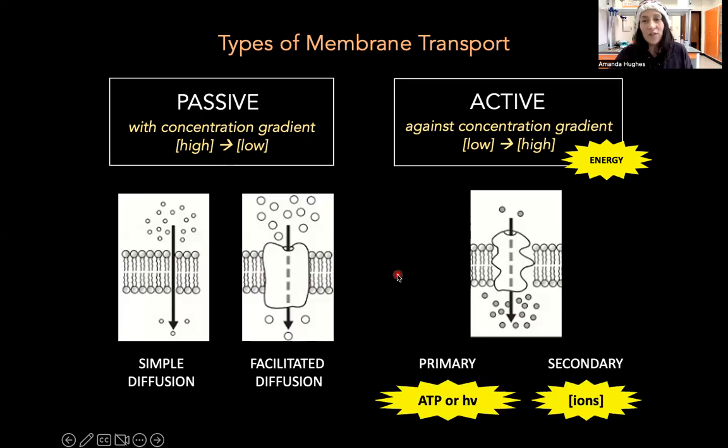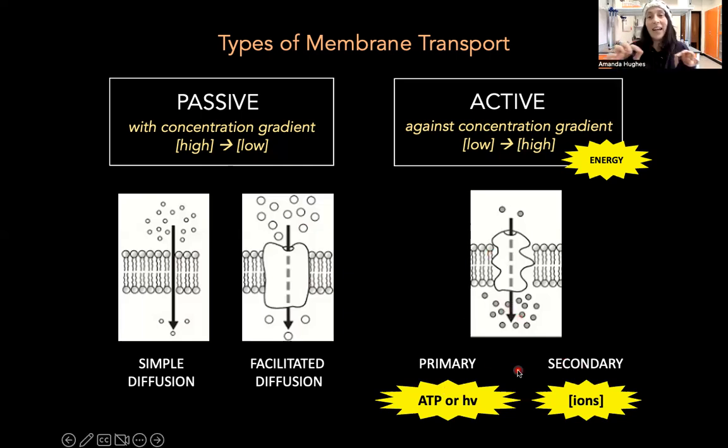And then as far as active transport is concerned, we also have primary and secondary active transport. So primary active transport requires the energy source of either ATP or light to get the reaction moving forward, or to pull something from lower concentration into a higher concentration zone.